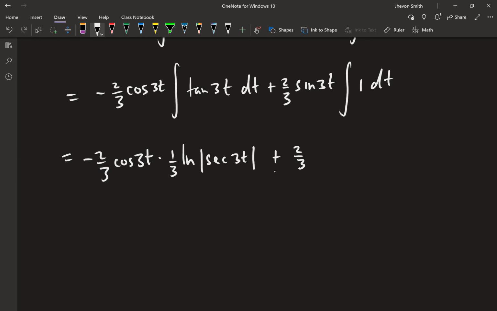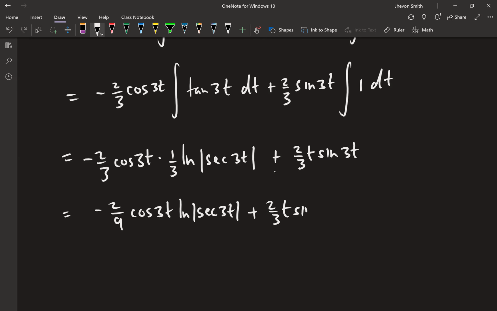So this is 2/3 t sine 3t. So this is just minus 2 over 9 cosine 3t ln of secant 3t in absolute values plus 2/3 t sine 3t. And that is my YP.